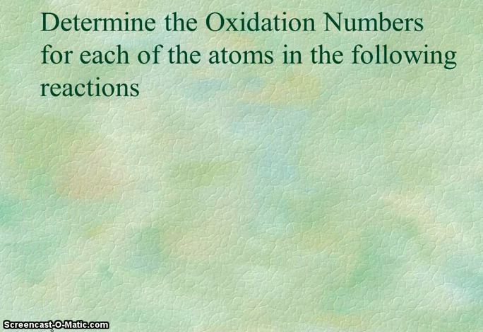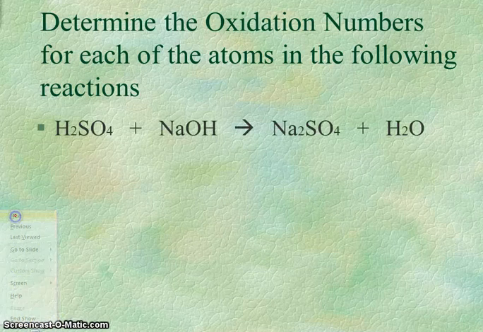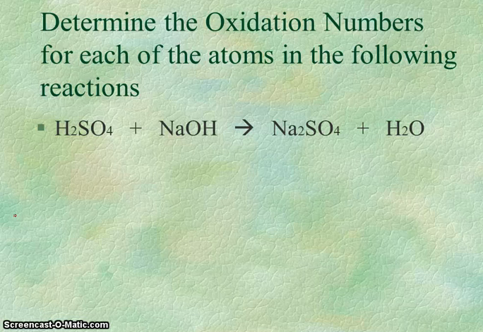So let's determine the oxidation numbers for each of the atoms in the following reactions. Okay, so we're going to look at sulfuric acid and sodium hydroxide to produce sodium sulfate and water. All right, so we know that oxygen is going to be -2.